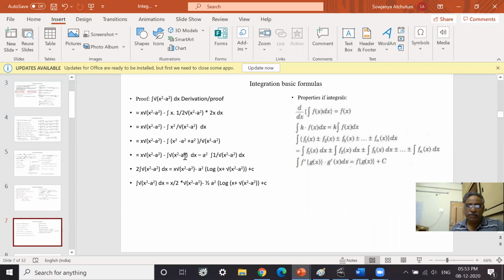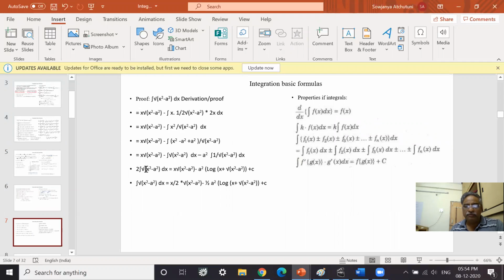Now, the integration of root of x square minus a square dx is the same as this term. This is also the integral of root of x square minus a square dx. I am sending it to the left hand side, so it becomes 2 times the integral of root of x square minus a square dx. The 2 will come to the other side.